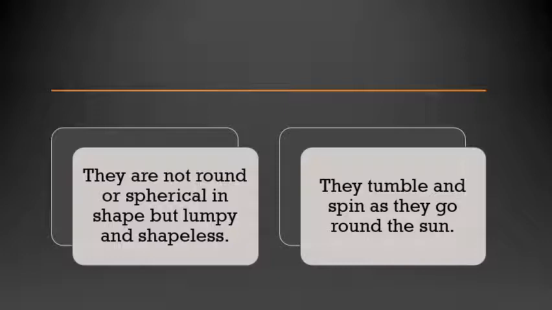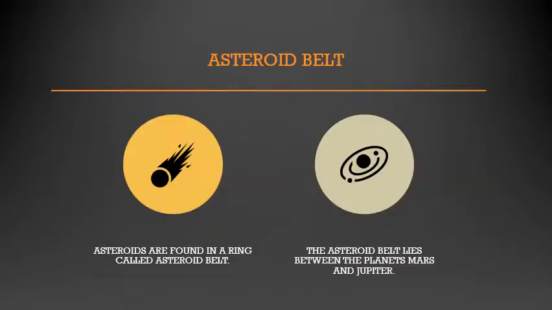They tumble and spin around as they go around the sun. It does not have an aim or a place to go, so it just goes around, spinning. Understood?